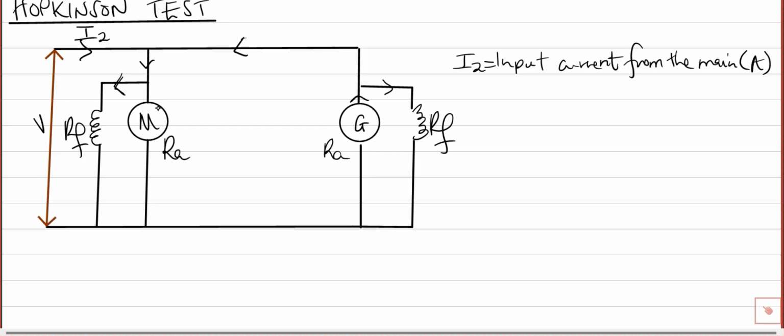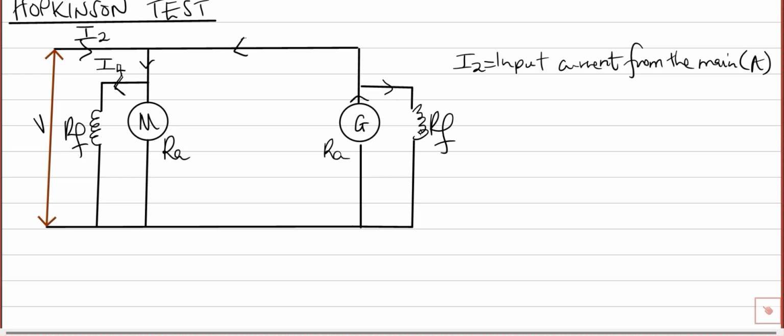So they'll say motor field current, since it's passing through the field resistance on the motor side. This one is labeled with the symbol I4.